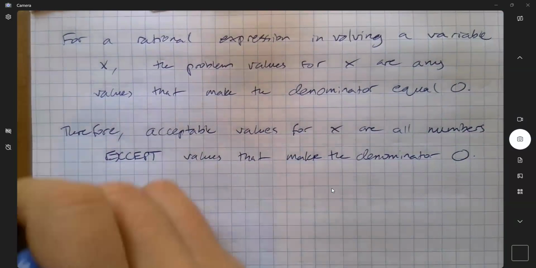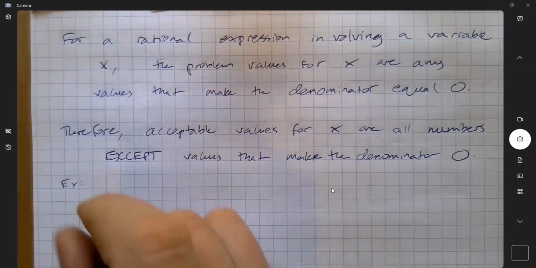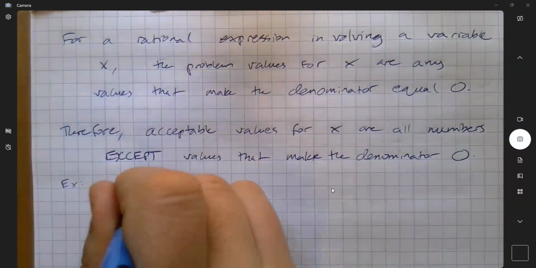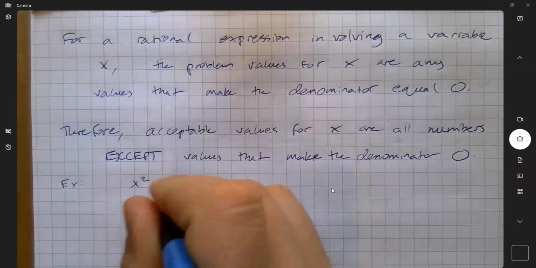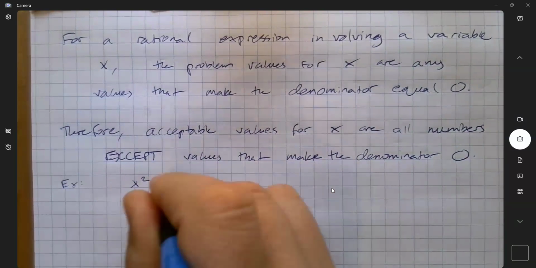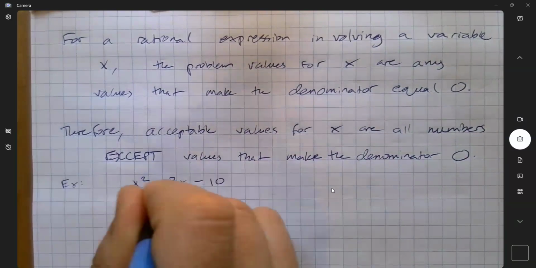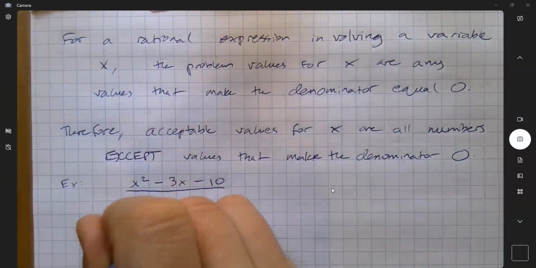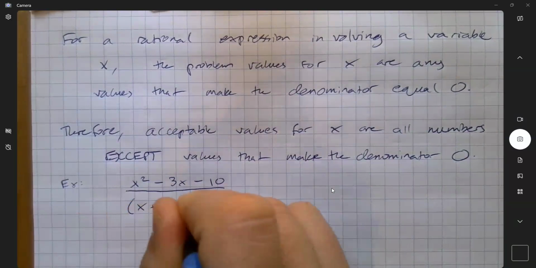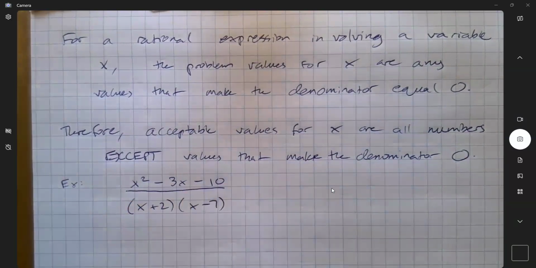Let's do an example. We'll do a couple. Let's look at x squared minus 3x minus 10 over x plus 2 times x minus 7.